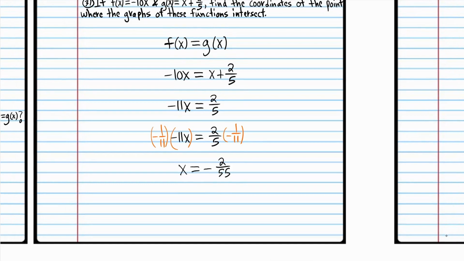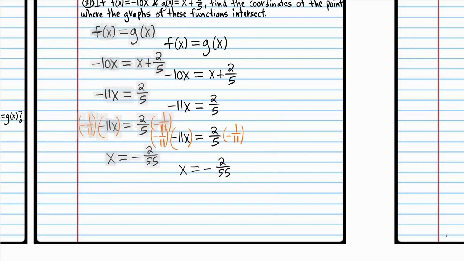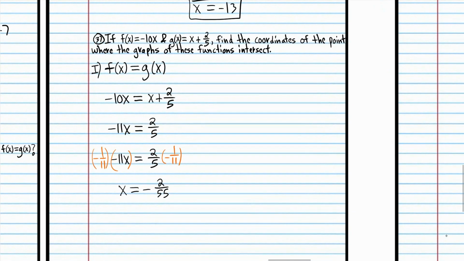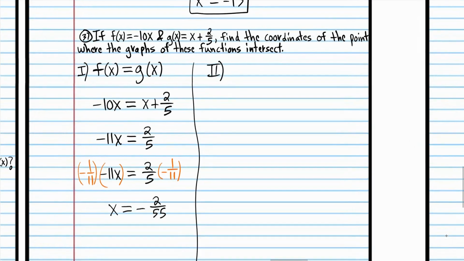Okay, the problem is we have to find the y value. That was only step 1. We found the x value of the point of intersection, but now we need to find the y value.